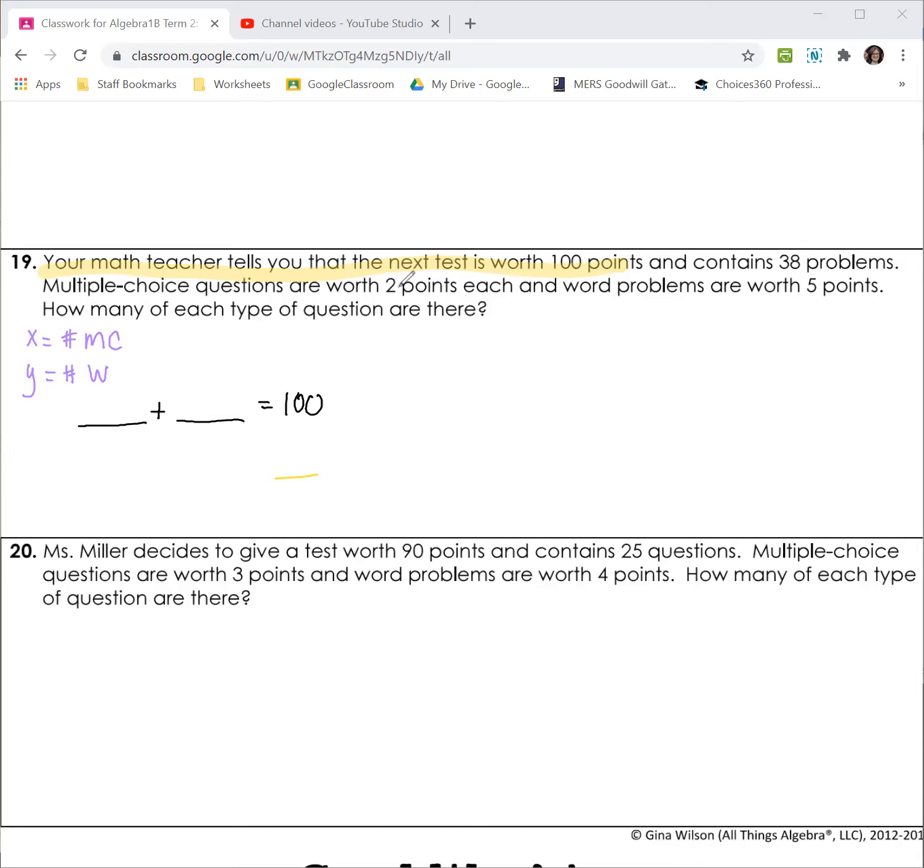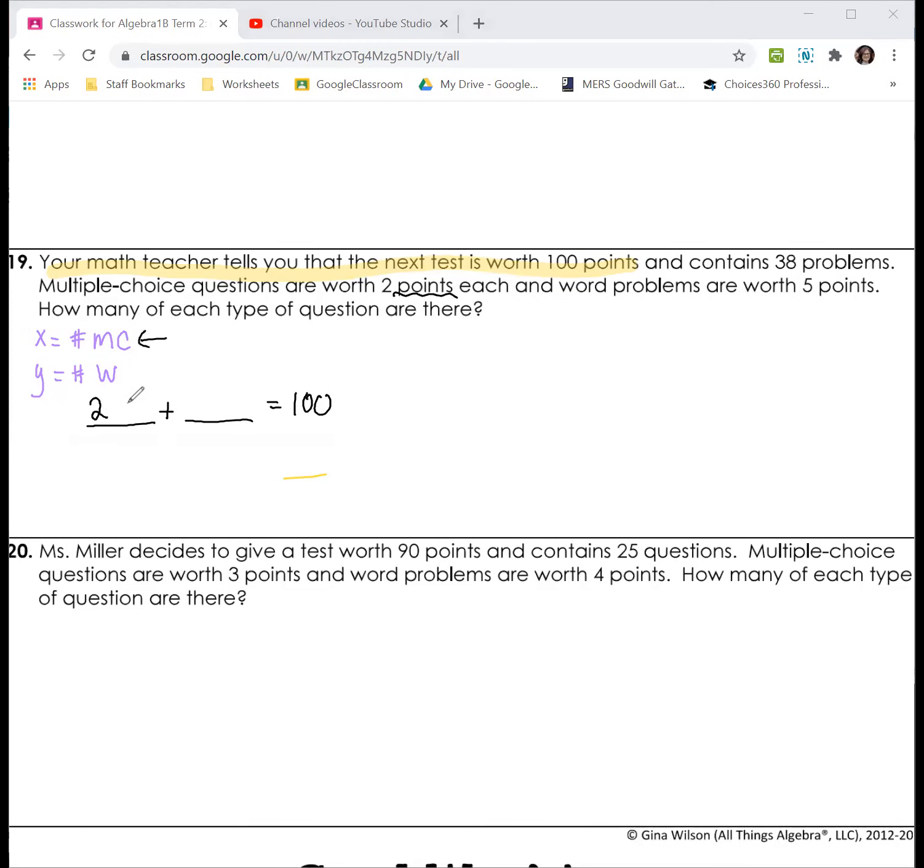Now, each multiple choice question is worth 2 points. So that means I take 2 times however many multiple choice questions there are, but I don't know that yet. That's where my X comes in. All right. And then my Y, let's see, my word problems are worth 5 points each. So if I take 5 points times however many there are, okay, that's going to give me my total worth of word problems.